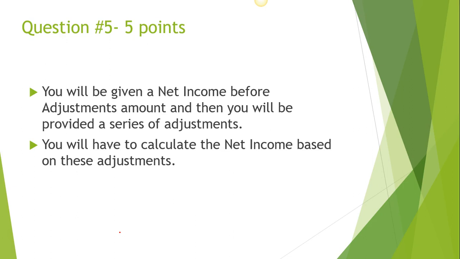So my advice to you, if you're not very strong in accounting, is to just make out the entry, record it, and then once you record these entries, just pluck out the income amount ones and make an adjusted net income statement.